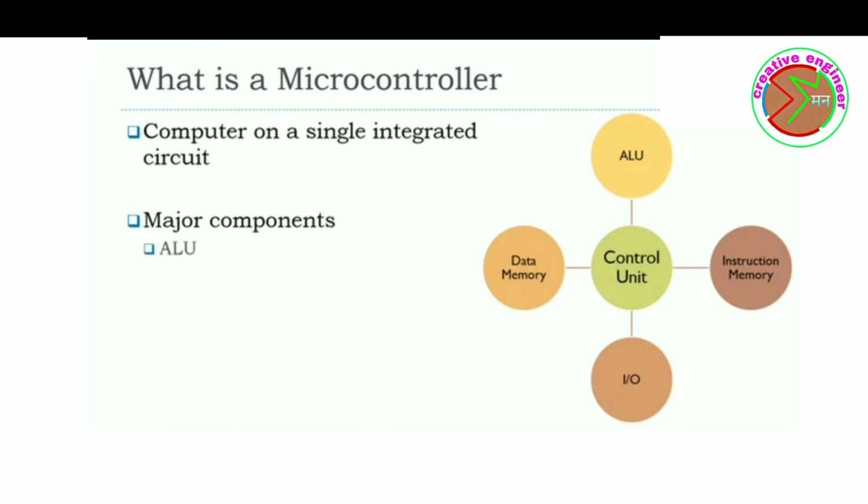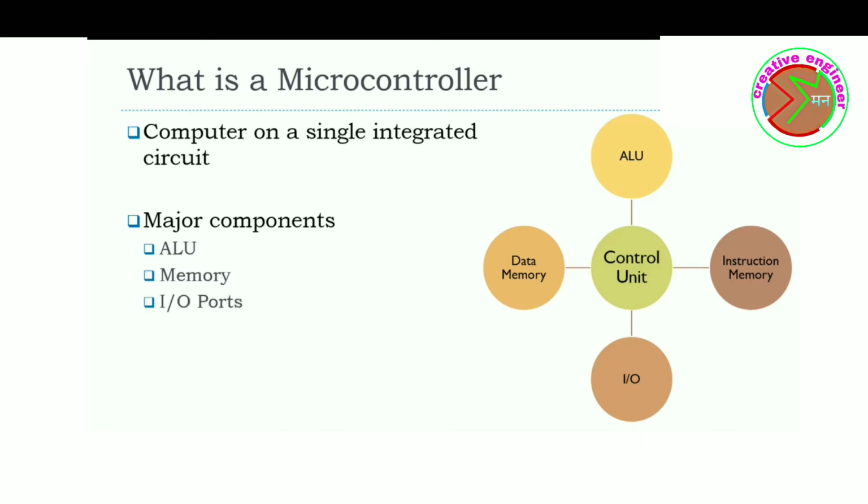The arithmetic logical unit performs all the necessary operations on the data, as suggested by the programmed instructions. The data memory holds the data, and the instruction set, or the programs necessary for the functioning of the microcontroller, are stored on the instruction memory.